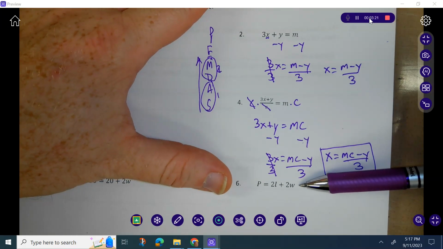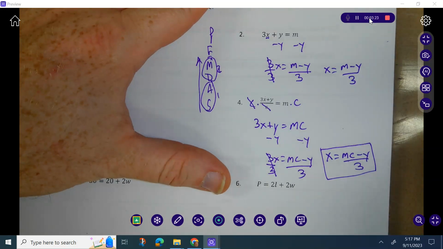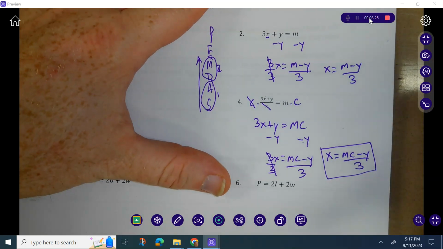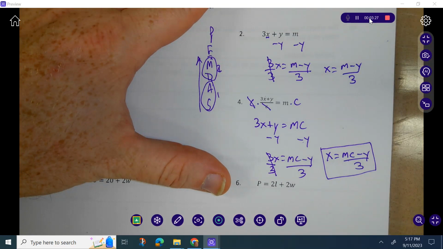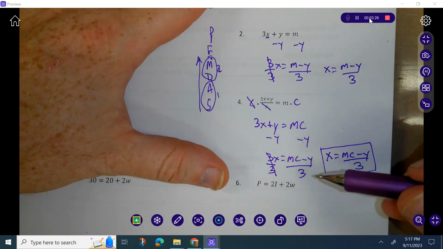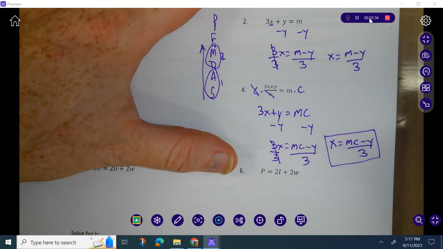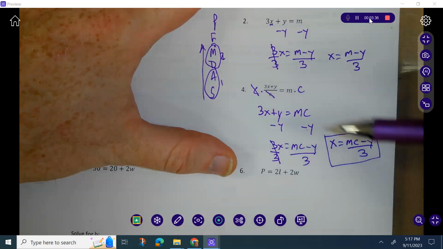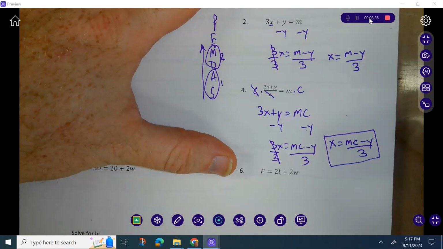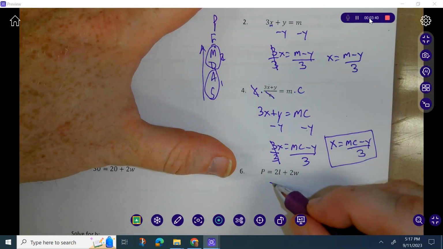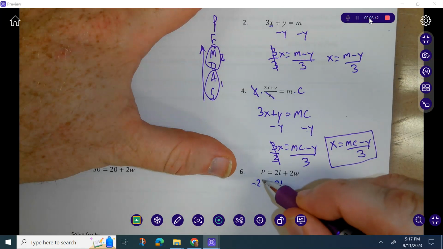Instead of repeatedly solving over and over again, we could solve this formula. They're asking us to solve for w, and I'm going to use a capital L. So I'm going to subtract 2L from both sides.